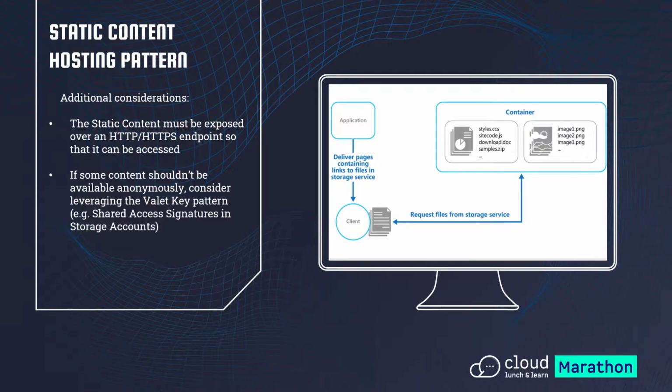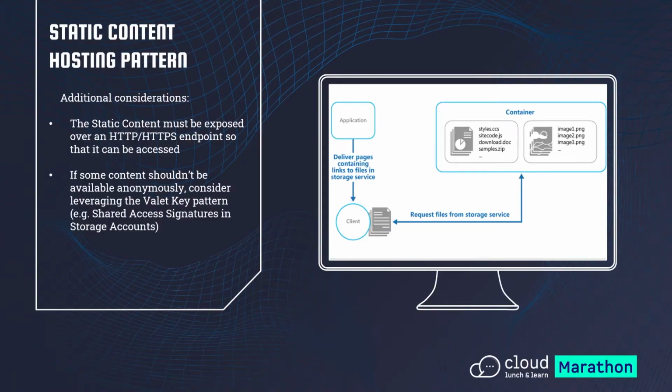But if there is some content that shouldn't be accessible through that CDN, you can use another pattern called the valet key pattern, which is very well documented over on the Azure Architecture Center if you're interested. Effectively, you have to have a token as part of the header or the URL to access that particular piece of content, so you're restricting who can access it.